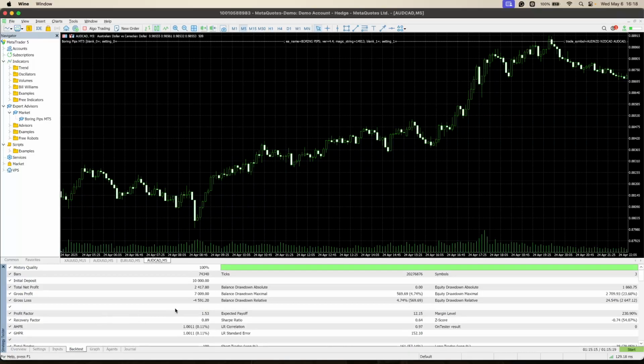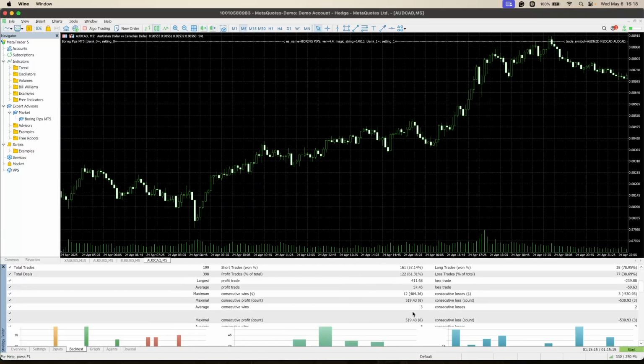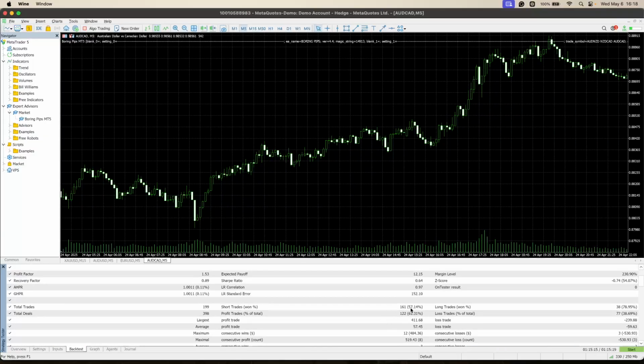That's about a 24% gain, and we also have a profit factor of 1.53, a max equity drawdown of 23.6%, and a win rate of about 61% on 199 trades in total. So that's all from my backtest numbers. The developer's long-term backtest looks way more explosive, but this recent year gives a more realistic picture of how it works right now.